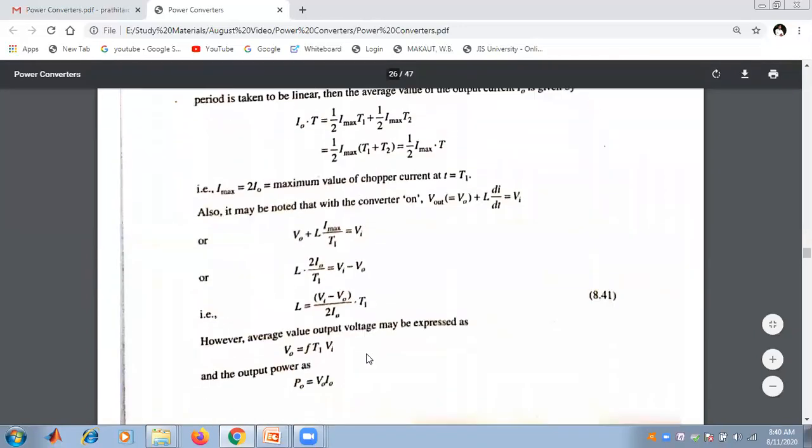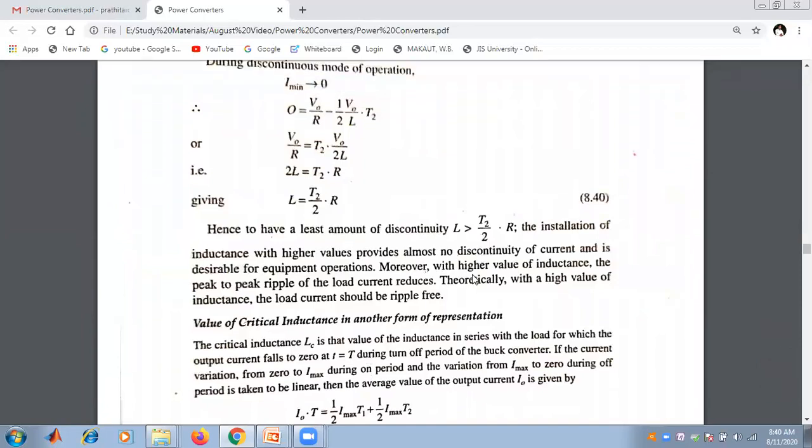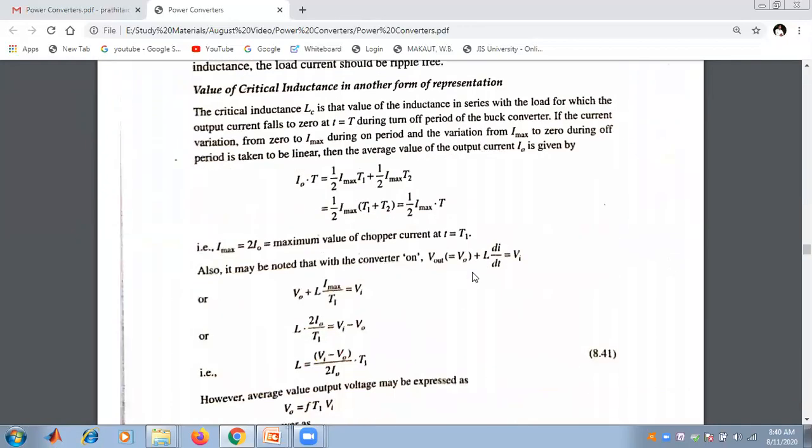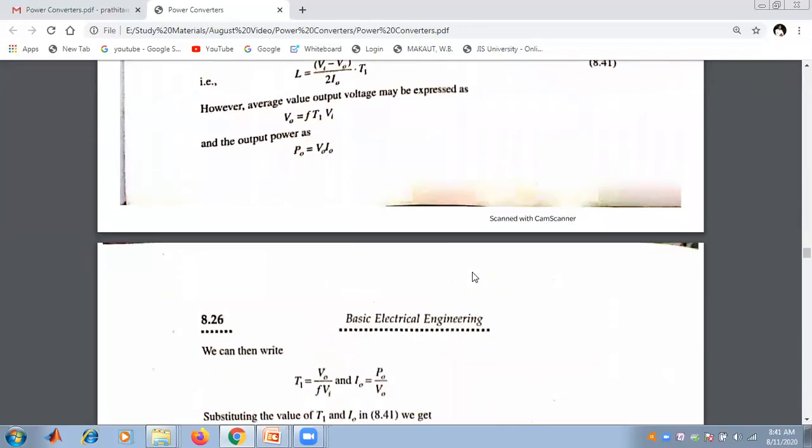This is the value of inductor L, that is T2 by 2R. That is the conception of critical inductance in the other form of representation, and the value of the inductor will be T2 by 2R for the discontinuous mode of operation.